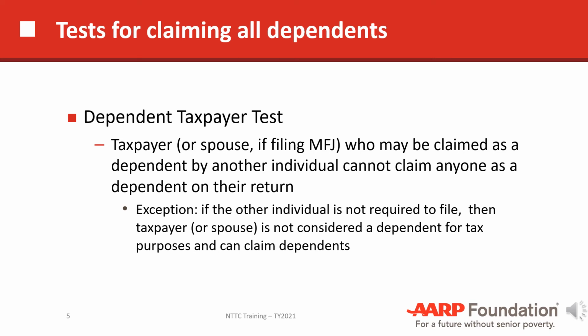So if they're filing a tax return and they're not required to file a tax return by law, they're filing it for some other reason, such as to get a refund of their withholding or their estimated tax payments that they made, then they can still claim a dependent because they're really not considered dependents. It's just that they filed a tax return for some other reason other than because they were required to.